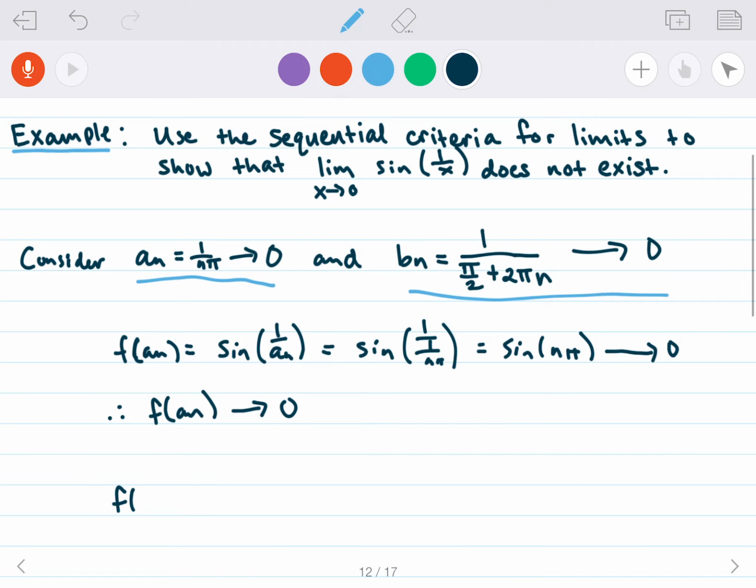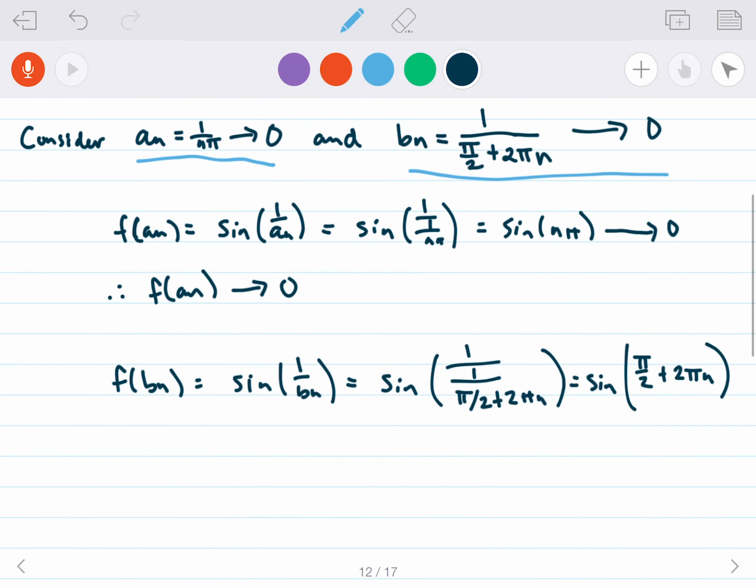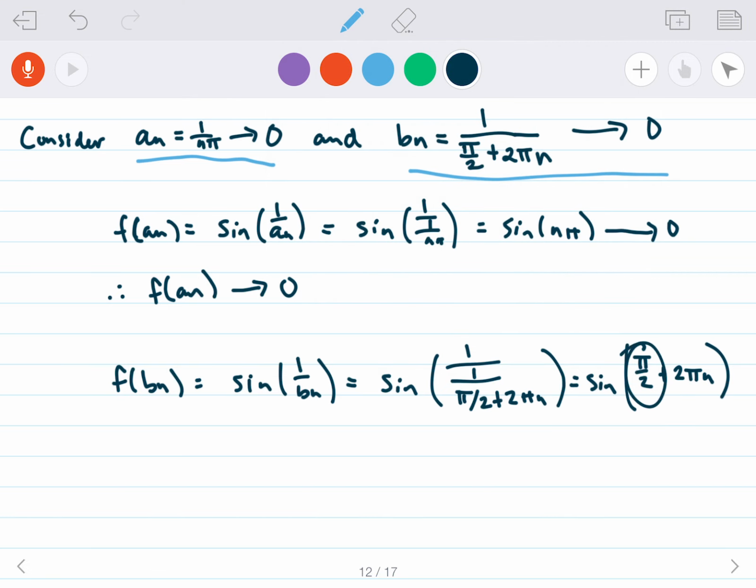But if we look at f of b sub n, that's going to be sine of 1 over b sub n, equals sine of 1 over 1 over pi over 2 plus 2 pi n. So that's just equal to sine of pi over 2 plus 2 pi n. And so this is always going to be, if you remember the trig terms, coterminal to pi over 2, right?